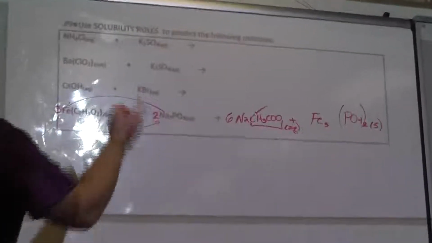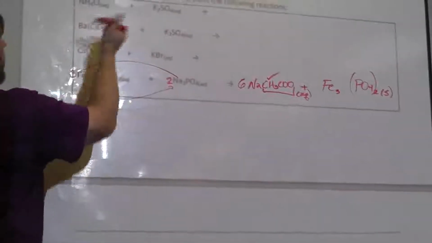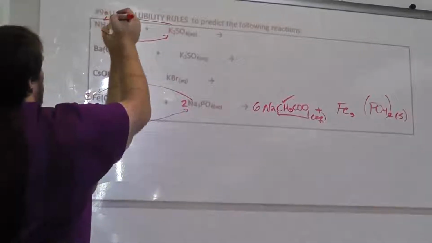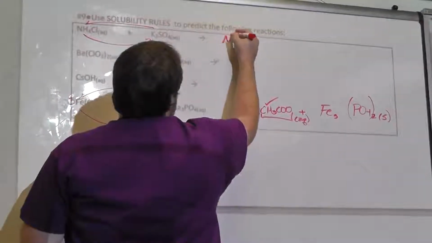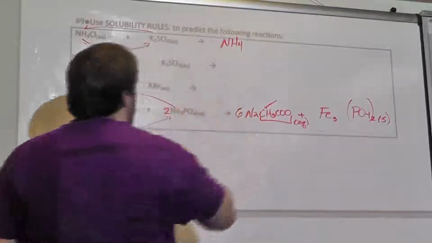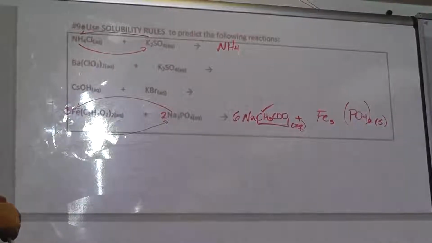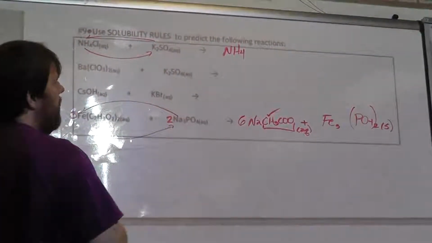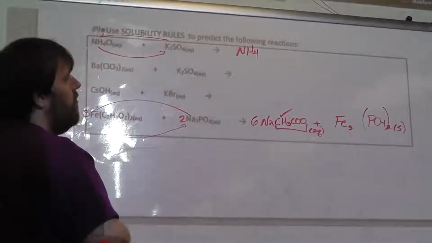All right. So if we do the same thing, trading partners down here, we do the same thing up there as we did down here. This ammonium, which is acting like a metal, will trade places with potassium, and the potassium will take the ammonium's place. Okay. So doing that, the ammonium has a what charge? +1. It's going to pick up this sulfate, which has a what charge? -2.